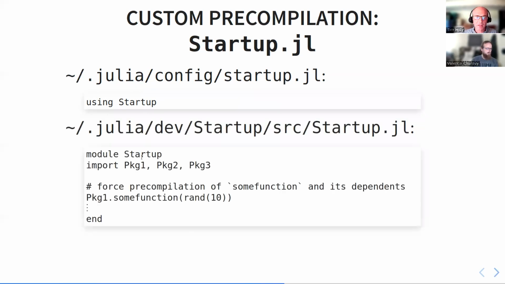And the reason for that is that in your startup package, you can now precompile the code that you would like to have work more quickly. If the package developers have already precompiled it, there's no benefit in doing so. But if you're precompiling things that aren't precompiled in the packages, then you get reduced time to first execution.